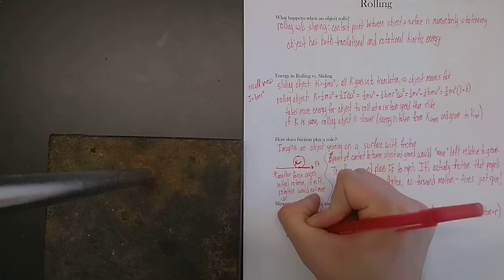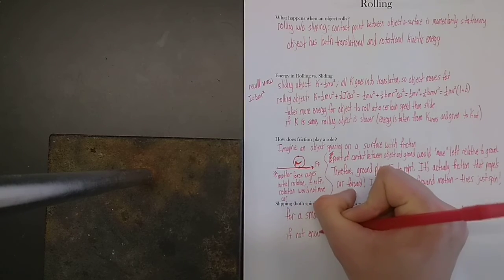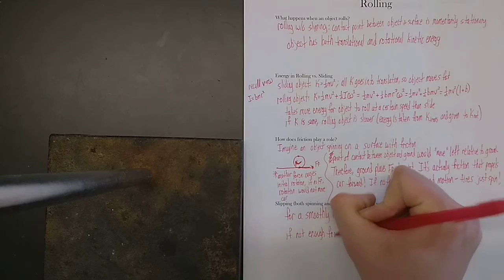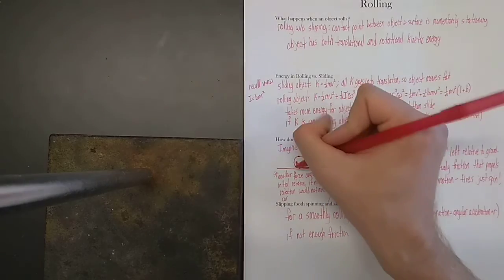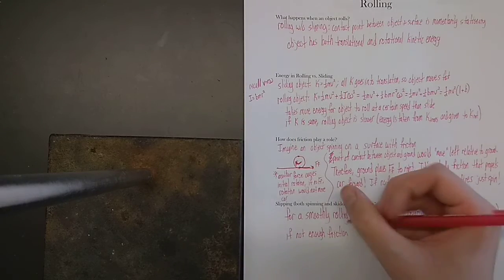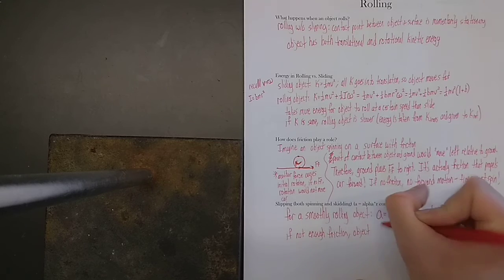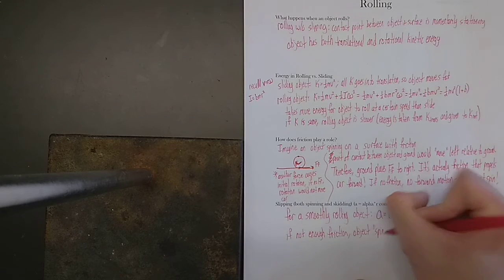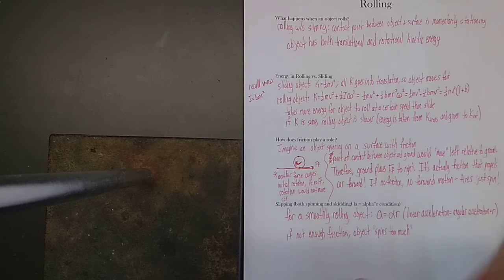What if there's not enough friction? What if there is friction, but it's not enough to keep the object from slipping a little bit as it goes? If there's not enough friction, the object, I'm putting in quotes, spins too much. It rotates more than it translates, okay? It rotates more than it should, given how much it's translating.